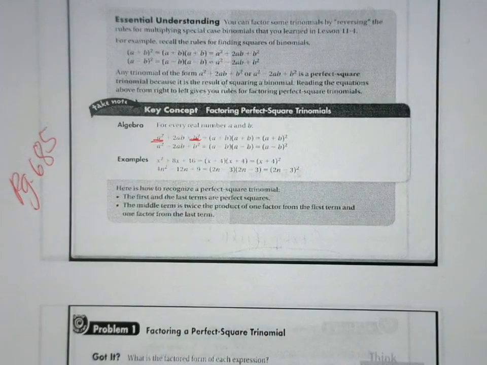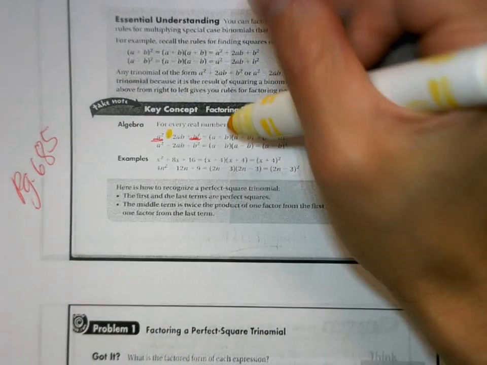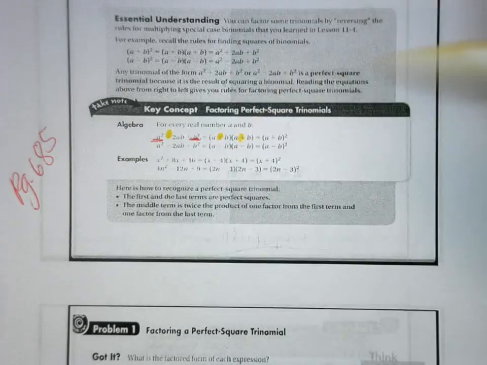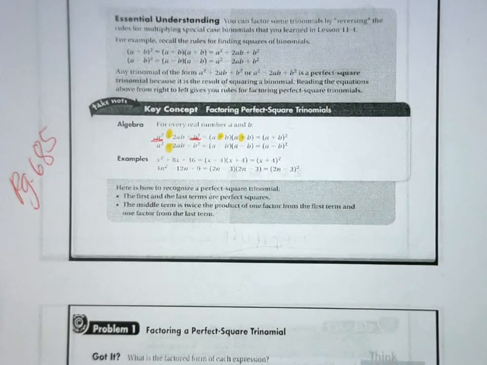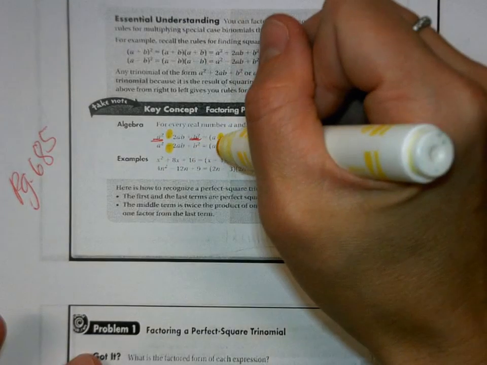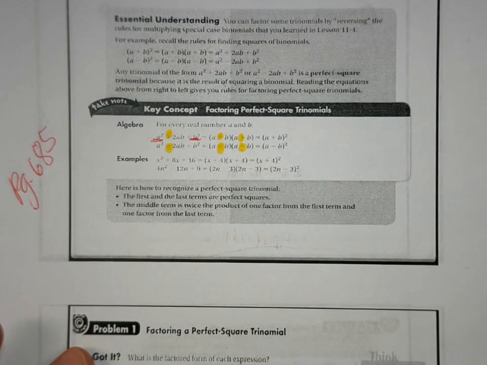If the middle number is a plus, when you split them up, you get pluses in between both of the parentheses. If you have a minus, both of your parentheses will be a minus. We are just going to jump into examples now.